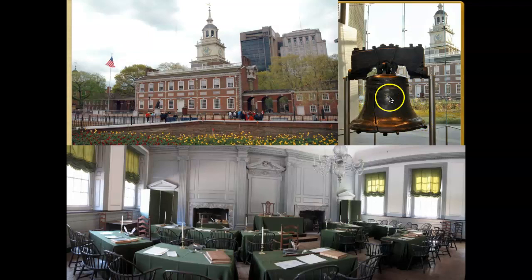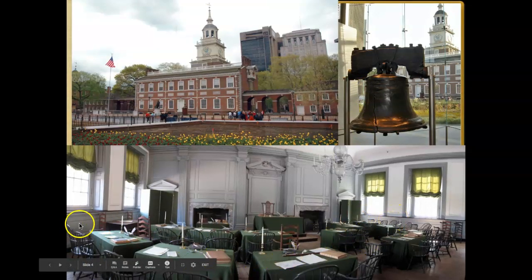So if you were to see the bell up close, the company that tried to recast it was called Pass and Stowe, and their great great great grandfather was great granddad Pass. And then this is the room in which the men worked to revise the articles and then write the Constitution.